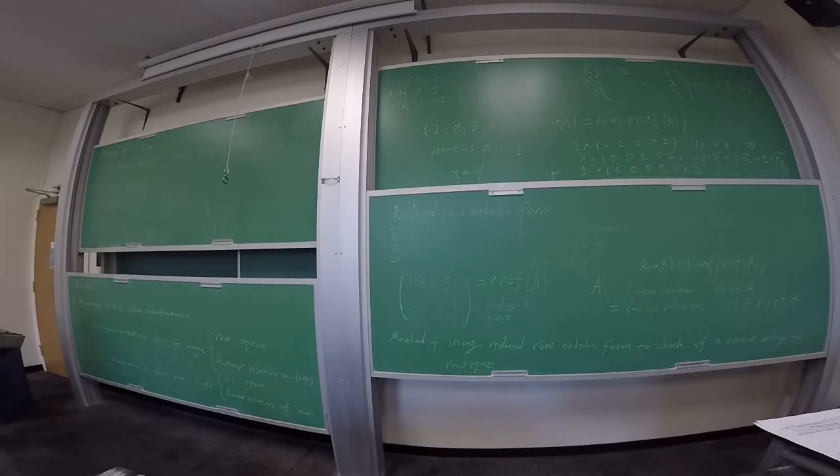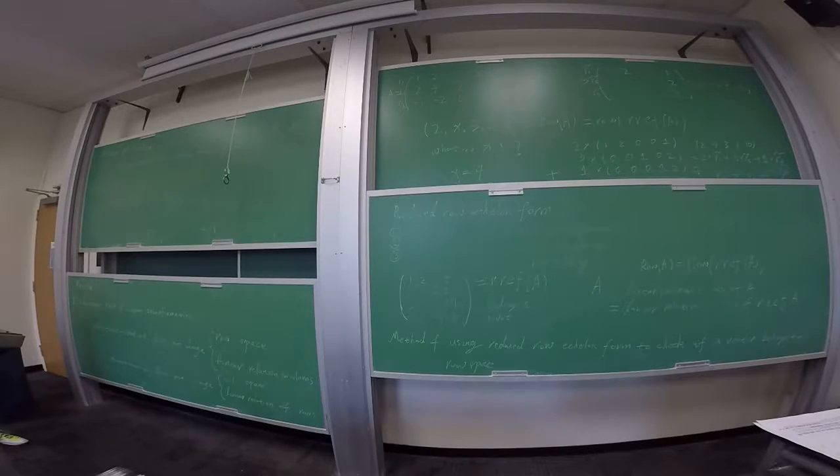Now I want to study the column space by the reduced row echelon form. But as you can see, the column space of the reduced row echelon form is not the same as the column space of your original matrix. So how do we study the column space?